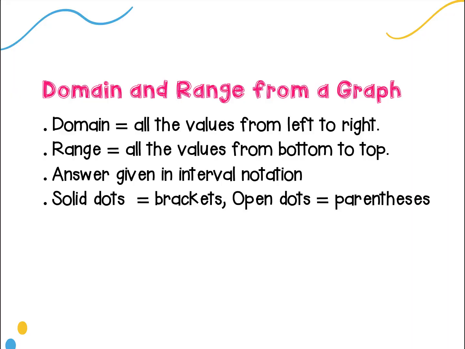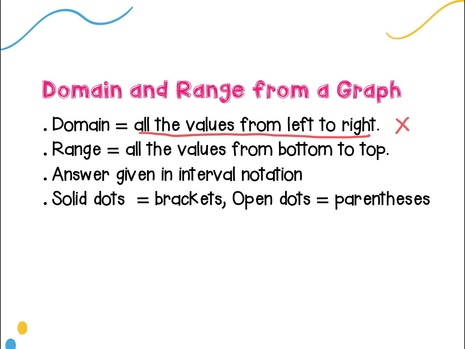All right, if you're talking about domain and range from a graph, we're going to be looking at a graph. Domain are all the values from left to right. Domain is our x-axis. So when we look for domain, how do we look? From left to right.